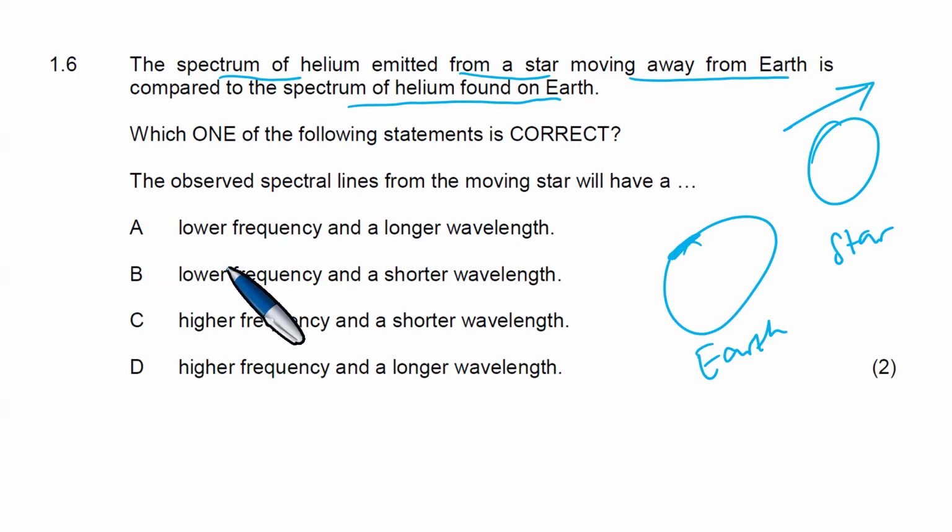Lower frequency and a longer wavelength? Lower frequency and a shorter wavelength? Higher frequency and a shorter wavelength? Higher frequency and a longer wavelength. Okay, they're trying to confuse you here.